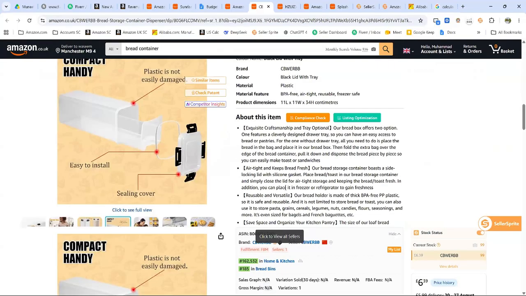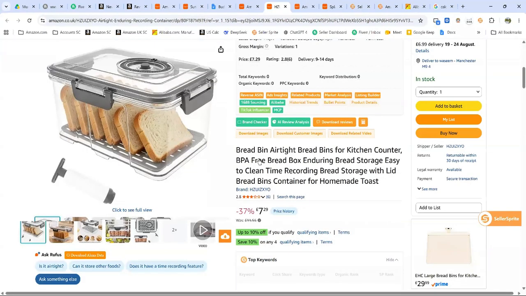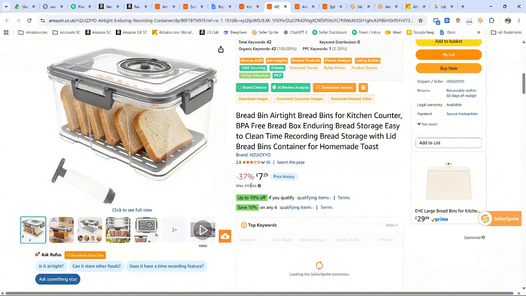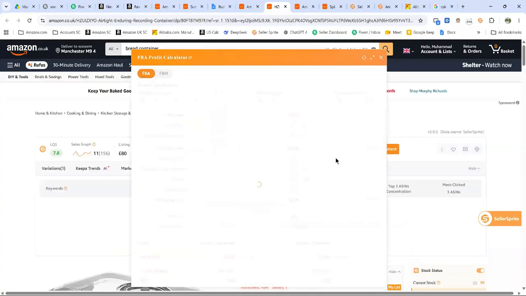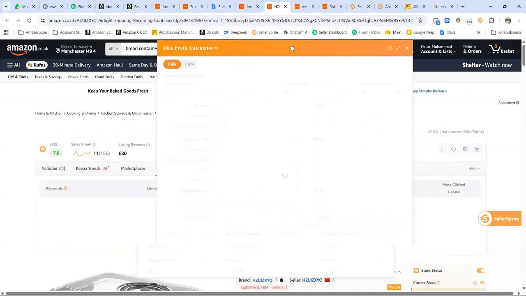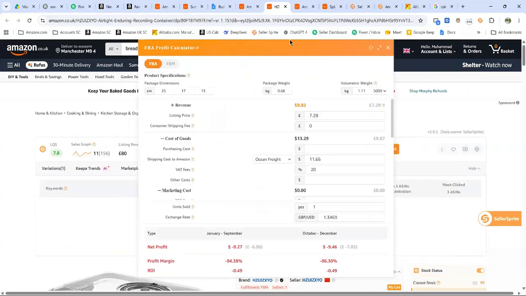As you can see, this guy has launched it, but he's got a very bad rating, so maybe he's reduced the pricing to 7.3. Previously, it was 11.5. Even at 11.5, this is not profitable because the FBA fee is 3.2 and the referral fee is almost 2.